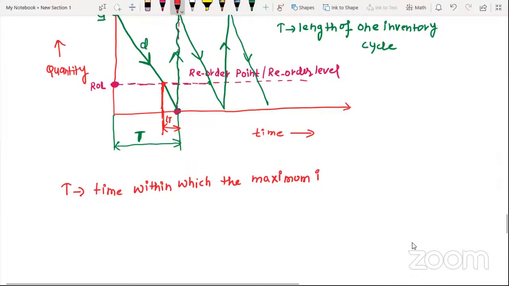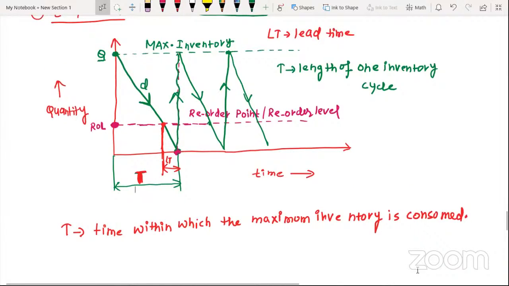Because you can see here, when it was capital T, our inventory becomes zero. Although it is not zero because we have reordered, in the practical condition it must have become zero because the customers have consumed each and every inventory. So it is the time within which the maximum inventory will be consumed.